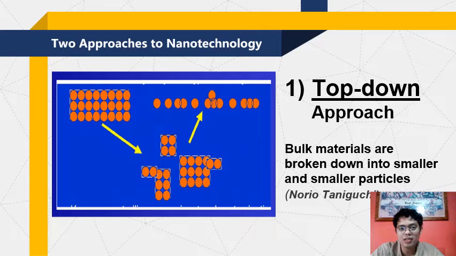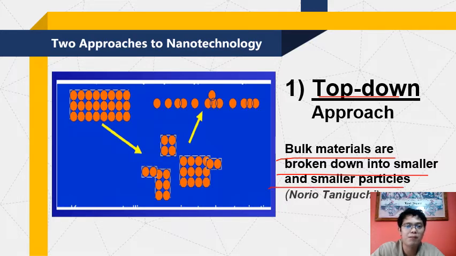And now we proceed to the two approaches of nanotechnology, and we will start with the top-down approach. The top-down approach states that bulk materials are broken down into smaller and smaller particles. From a bulk material composed of several atoms, it is broken down into smaller parts like this one.